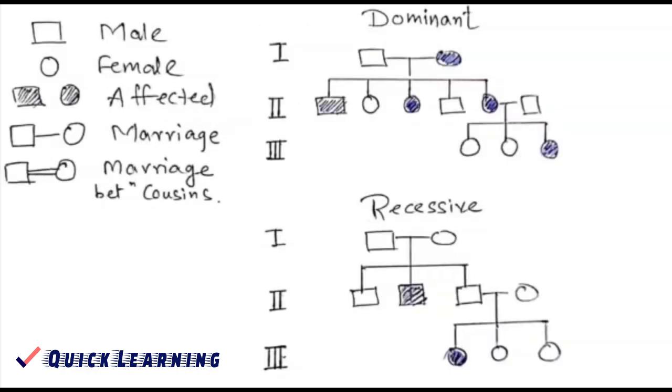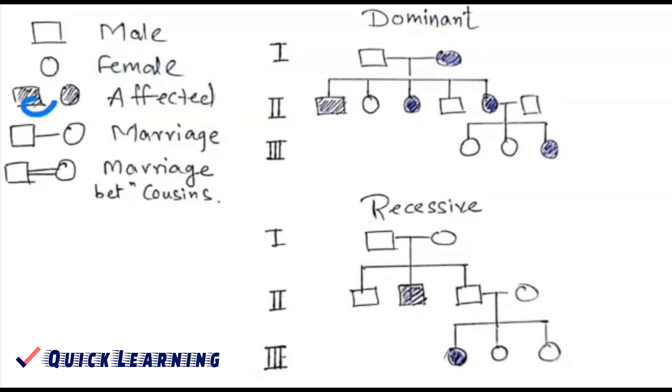First, you should know there are some codes to study pedigree analysis, and I am decoding all of them for you today. A square indicates a male, a circle indicates a female.